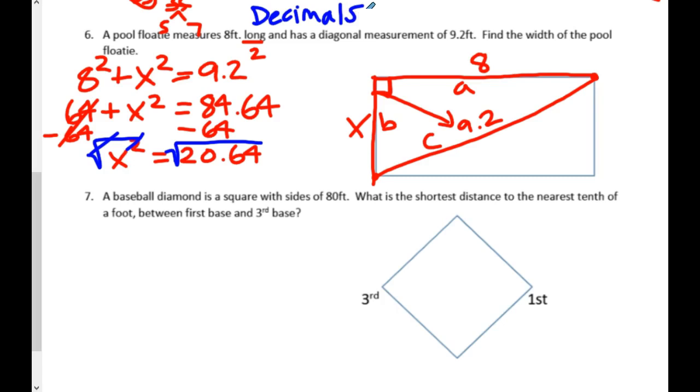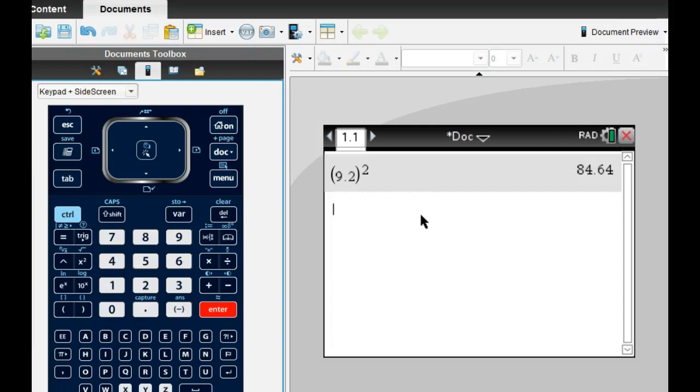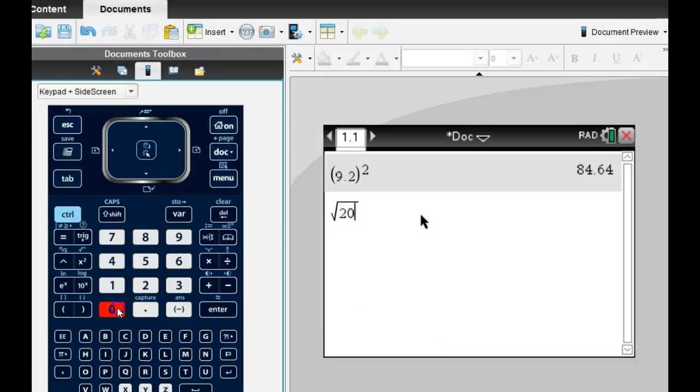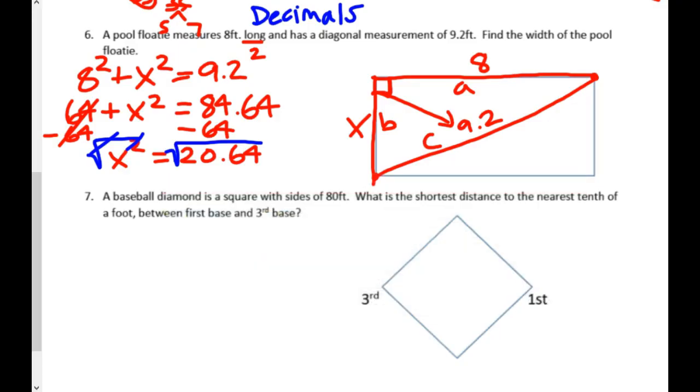So let's do the square root of 20.64. And we get 4.54. The 3 keeps it the same. So 4.54, and my units of measure are feet.